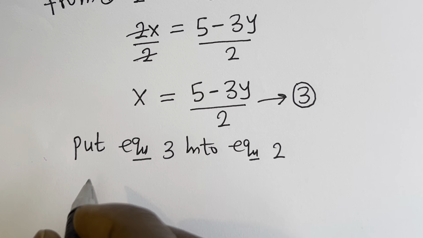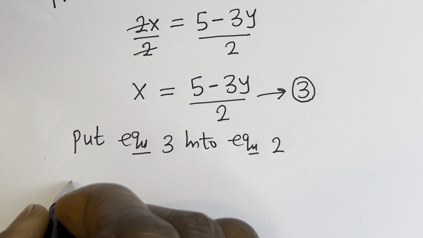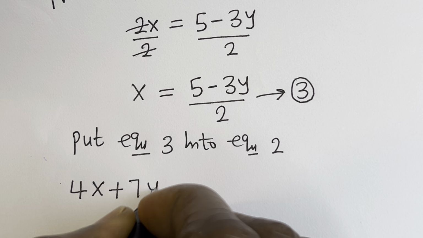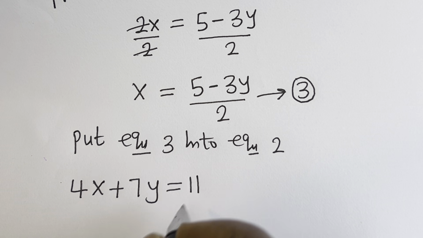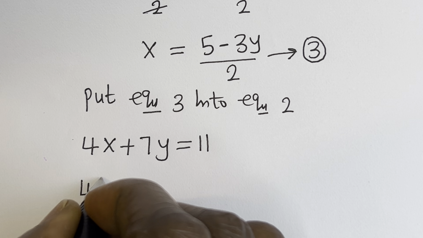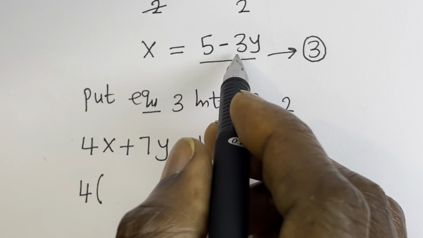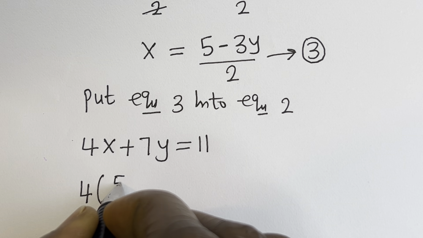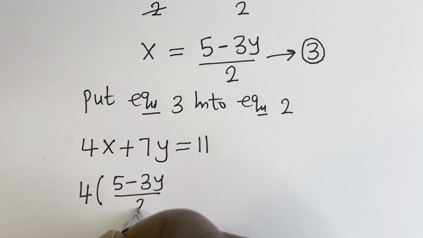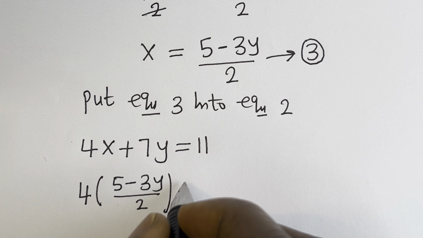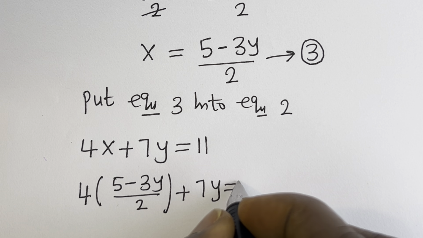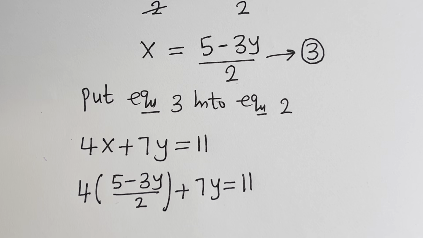Then here we have equation 2 is 4x plus 7y is equal to 11. Then we have 4 bracket x in equation 3 is (5 minus 3y) divided by 2, plus 7y is equal to 11.